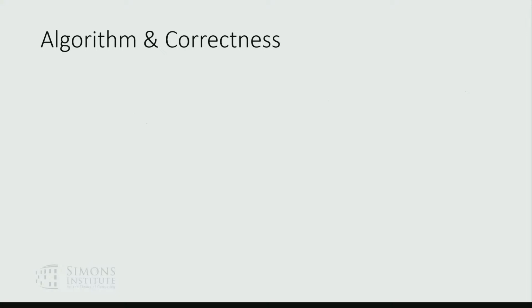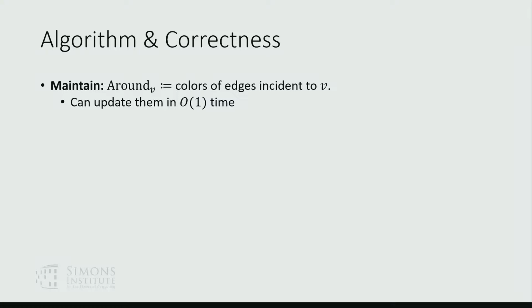The algorithm is going to be quite simple. First of all, for each vertex we maintain a set of colors of edges incident to it. Given an edge update, we can update this set in constant time.